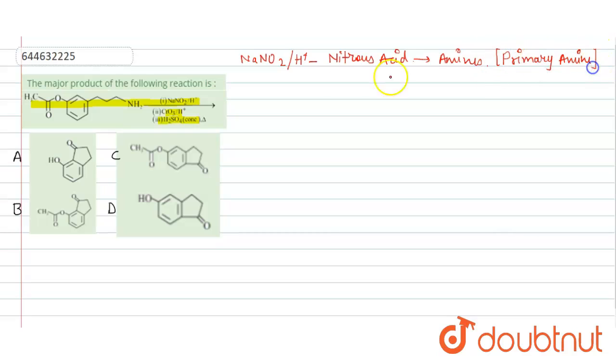We can see in the structure that we have a primary amine present here.